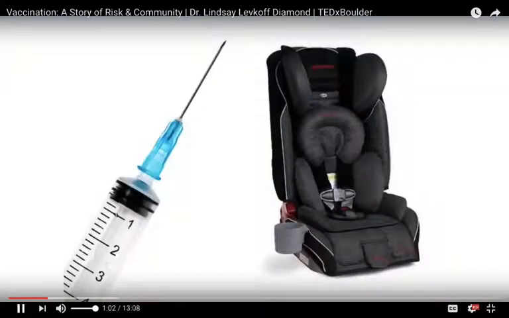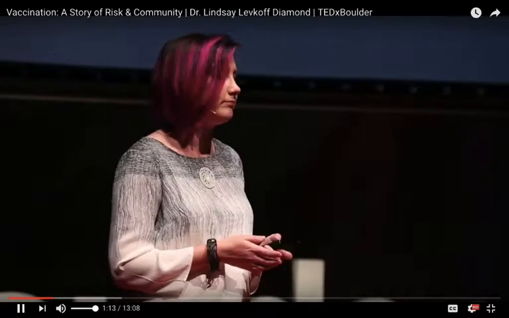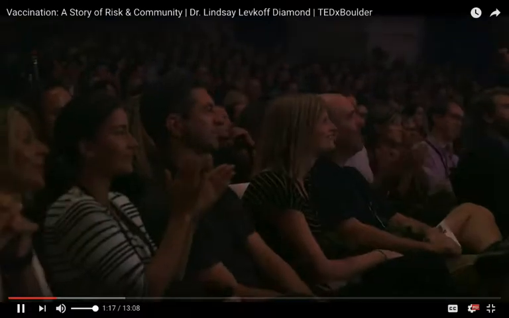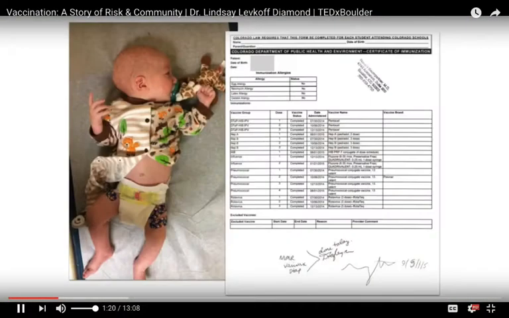See, for me, the choice is easy. I view the vaccine the same way I view a car seat. In the event of one of those incidents, my child is safe over there. After the measles outbreak, he's probably safe if he's been vaccinated. And yes, this is my son at his 2-month checkup just after he got his vaccines.